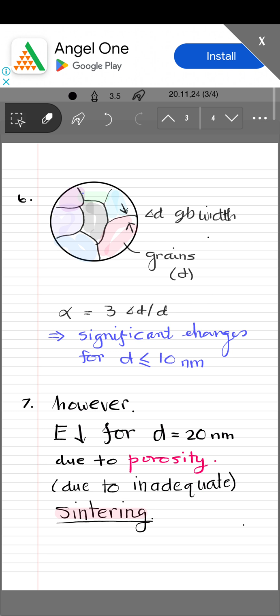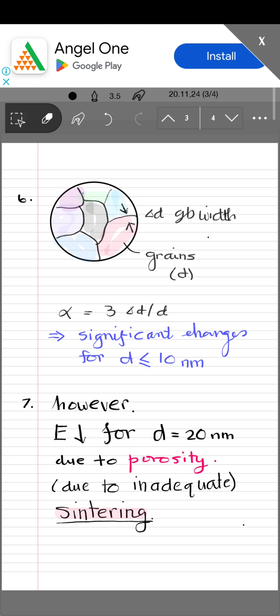Otherwise, since usually in the case of polycrystalline materials, d is much larger than 10 nanometers, this ratio delta d by d is also very small, so it will not have any significant effect. Only when the size is reduced to a certain level, let's say 10 nanometers, this factor becomes significant, and the effect on elastic modulus can be seen.